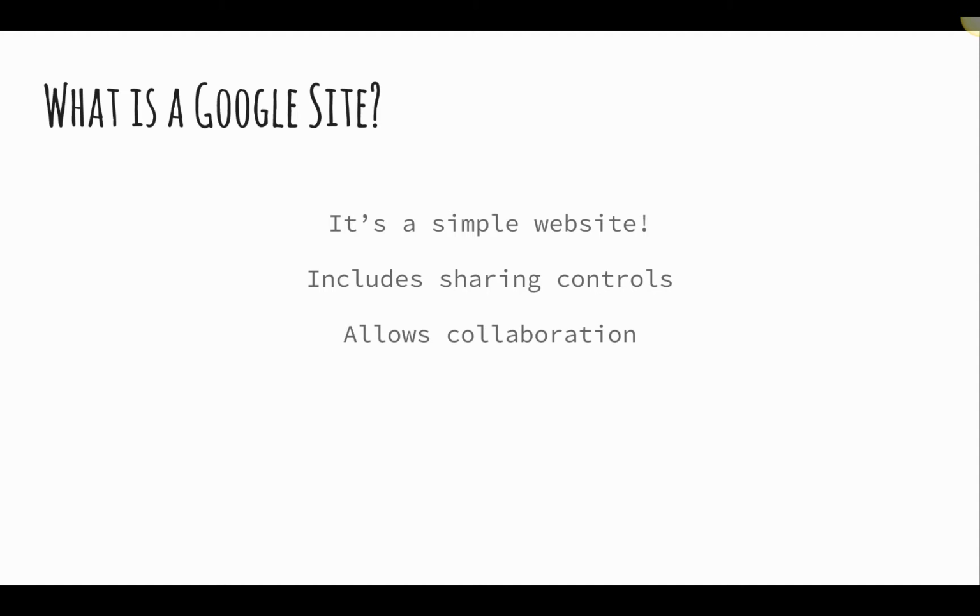So if you share it with specific people, you can give them editing privileges. You can change ownership. All of these controls are built into Google Sites, which is kind of nice because with a regular website, it's a little bit more difficult to do that. Once you make it public, it's pretty much public unless you've got a really fancy CMS, which is hard to come by and they're expensive. So for being free, this is really nice.